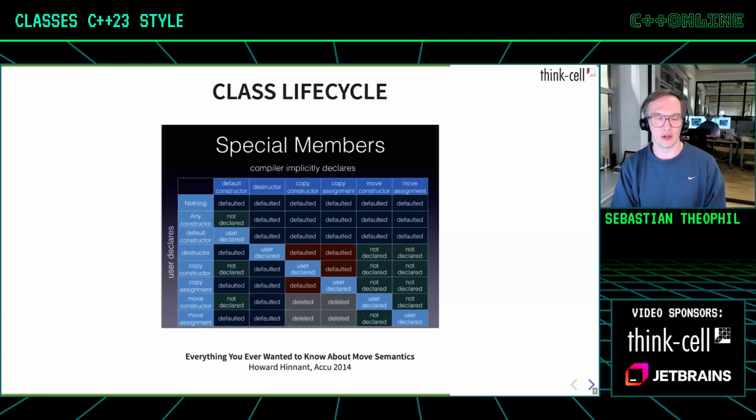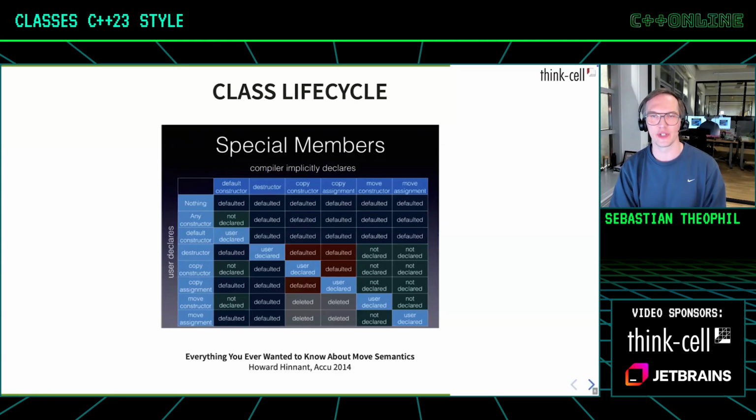Now, this is a very simple visualization of a pretty complicated concept. I've occasionally consulted this table, but I will show you a much simpler way of implementing the correct lifetime of your objects. And that's by looking at what semantics these classes will have.